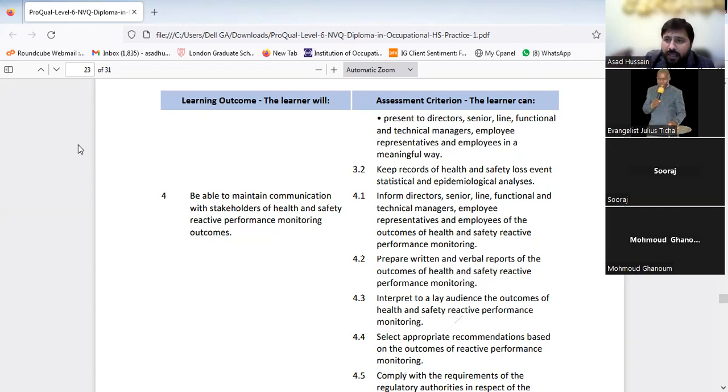You have to explain how you inform the relevant people within the organization of the results of proactive monitoring conducted over a defined period, monthly, annually, etc. This is proactive monitoring because it is not after the happening of any accident or incident.